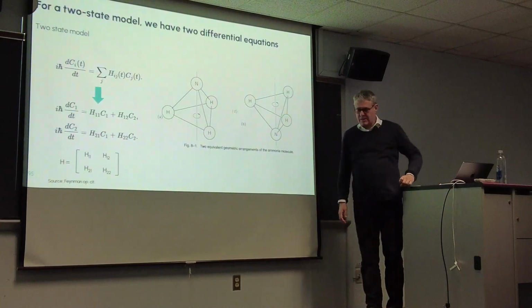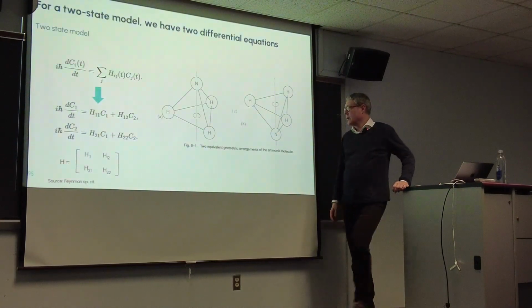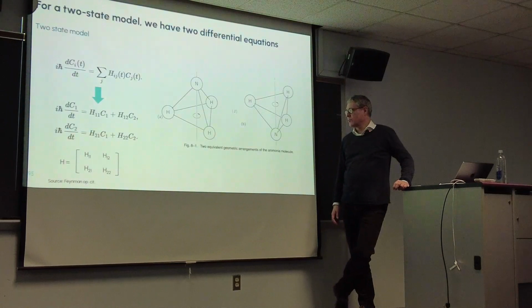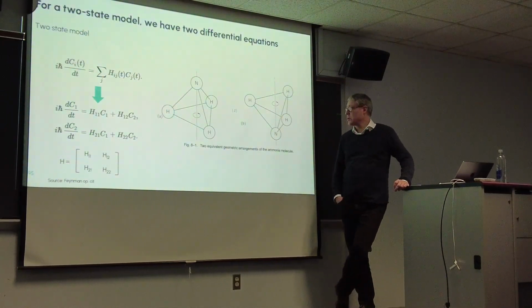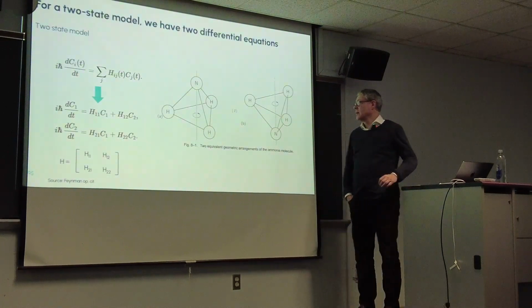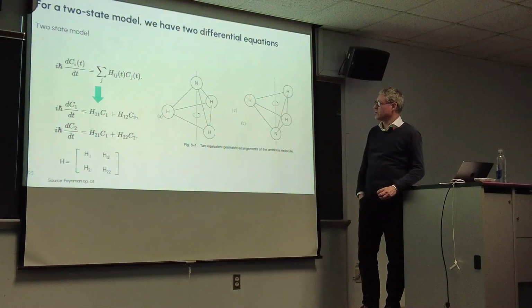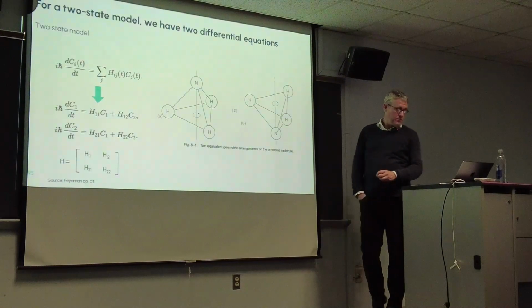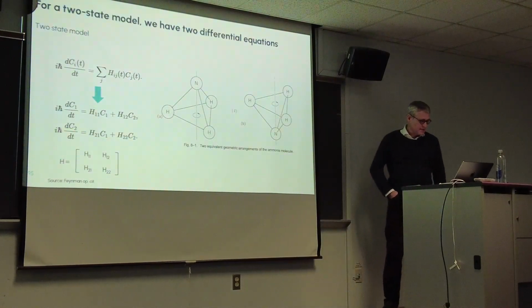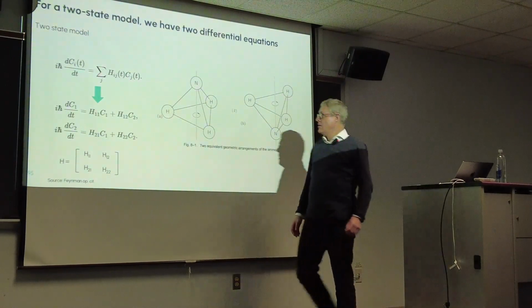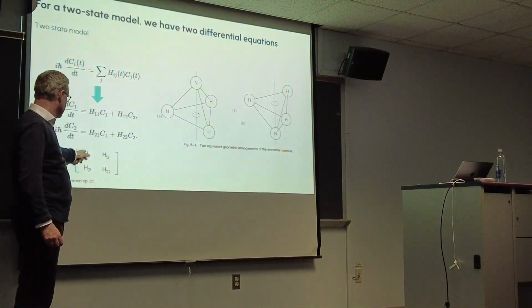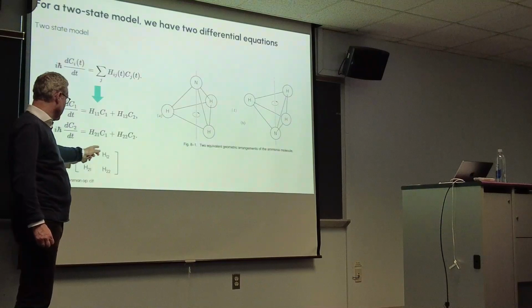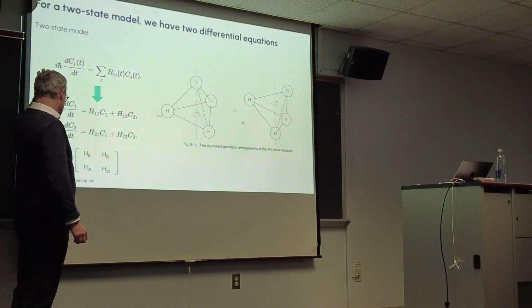And as I said before, it is mathematically impossible to calculate using the Schrödinger equation. It's mathematically impossible to model the ammonia molecule properly. But looking at this again, if we have just 2 states, we have a 2 times 2 matrix that we see here with H11, H12, H21, and H22.